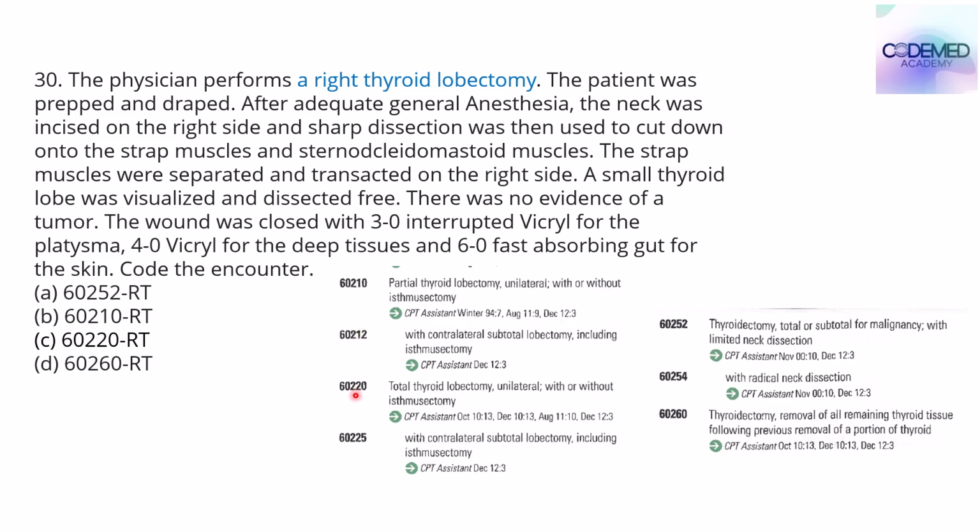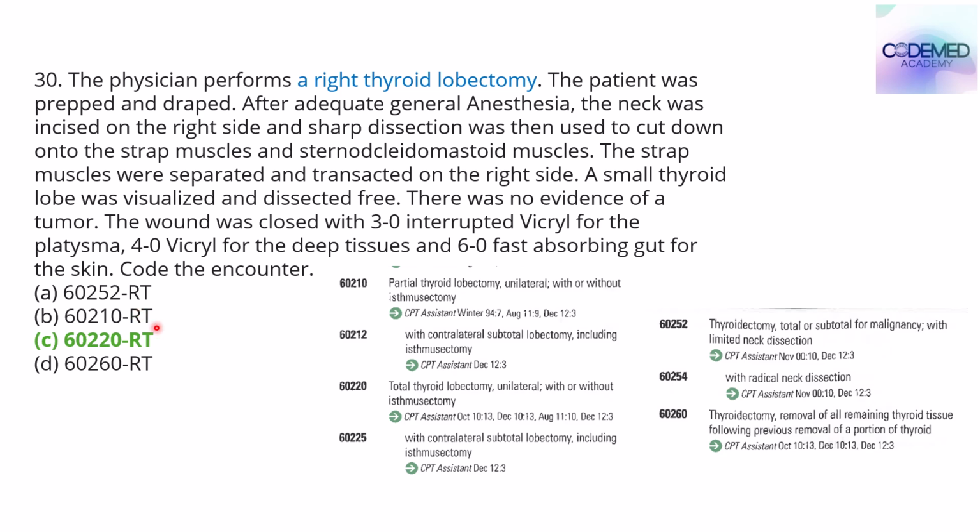If you see all these codes, they talk about the various parts that have been removed. Somewhere it is only the lobectomy, somewhere it is lobectomy with isthmectomy, and somewhere it is the total removal of the thyroid gland. Now in this patient, it is the lobectomy that has happened.